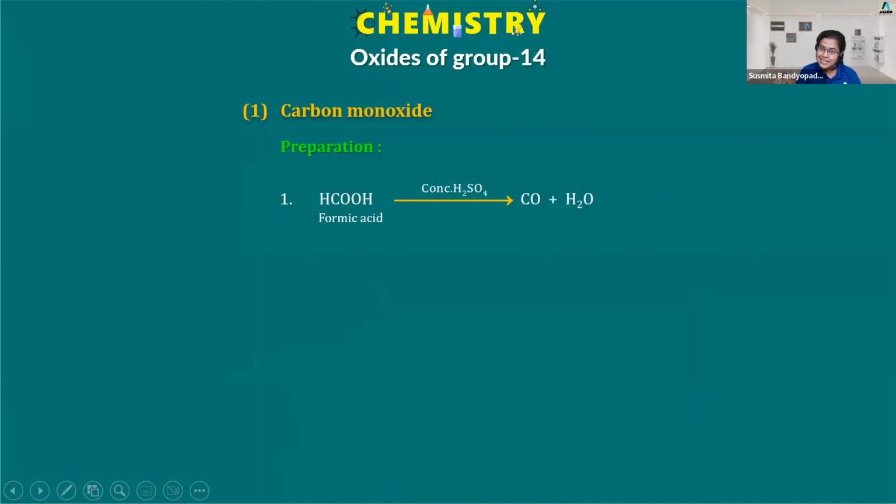Carbon monoxide doesn't leave the hemoglobin. So hemoglobin, whose job is to carry oxygen to different parts of the body, doesn't do its job properly. Breathing becomes difficult, sufficient oxygen doesn't reach the different parts of the body, and we suffer from various diseases, ultimately death also.